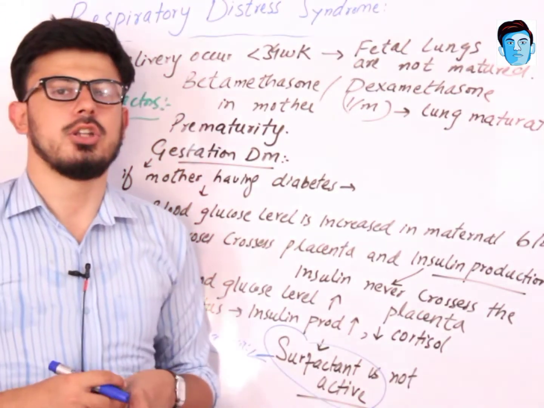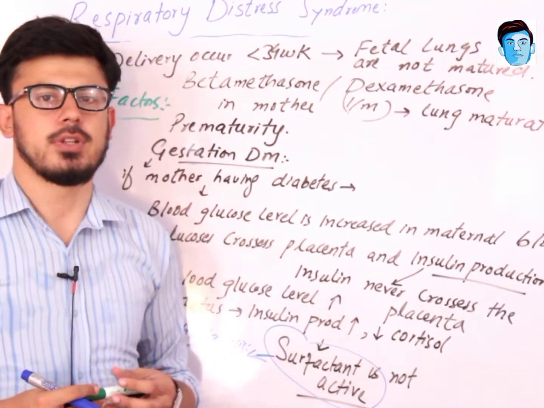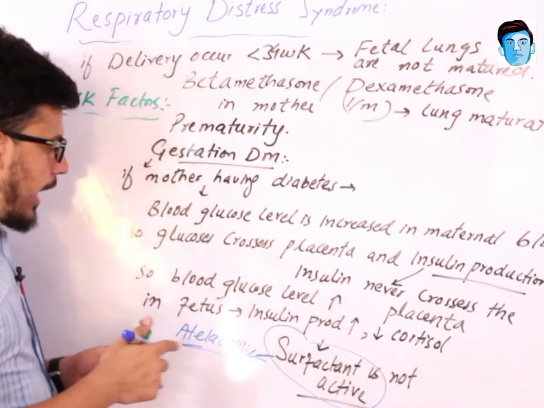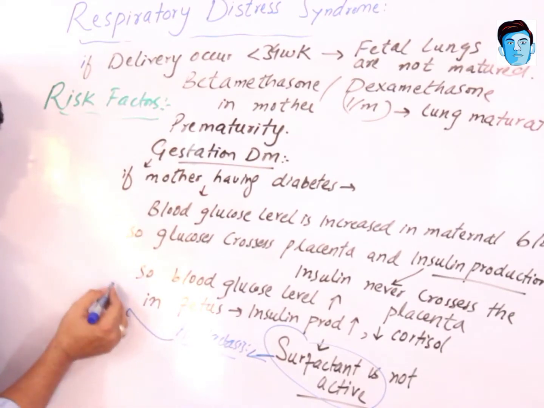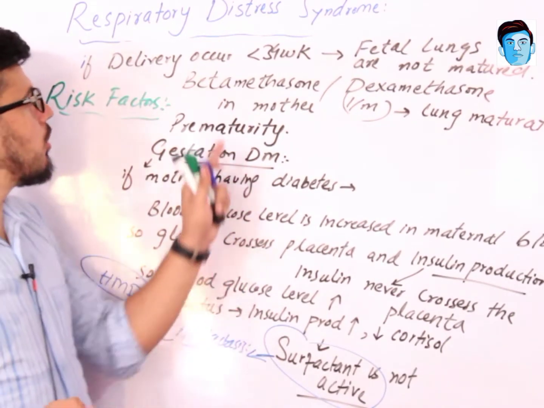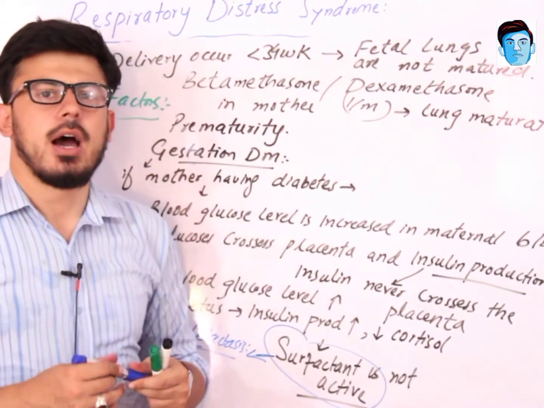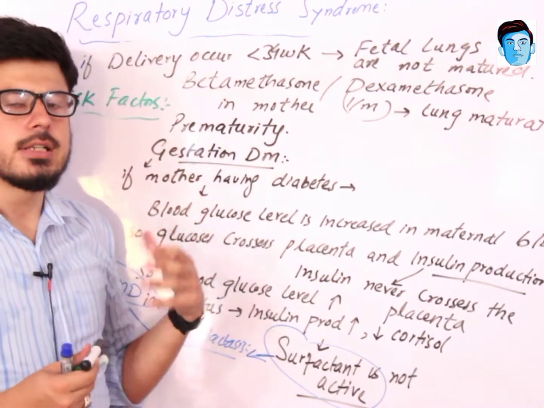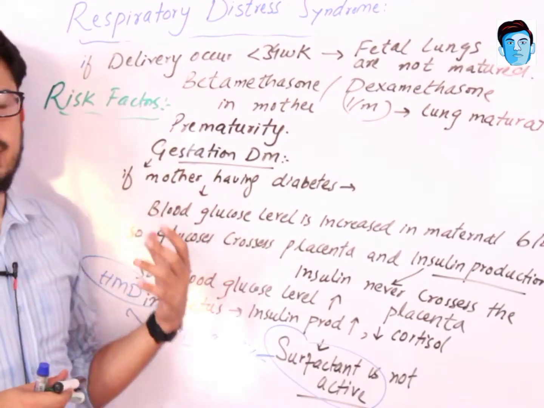Also, there is necrosis in the hyaline membrane of the lung as well, which leads to hyaline membrane disease. Actually this hyaline membrane disease is one of the complications of RDS. That's why we also call this disease hyaline membrane disease.